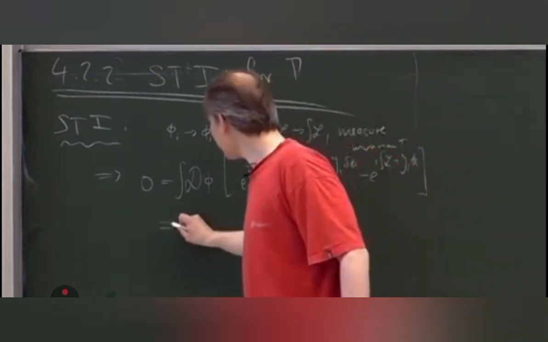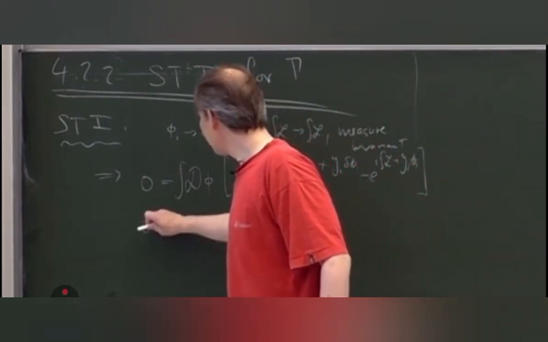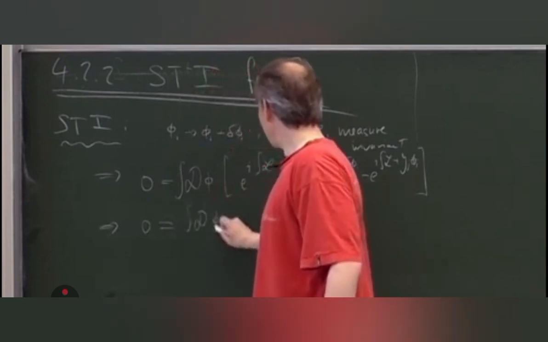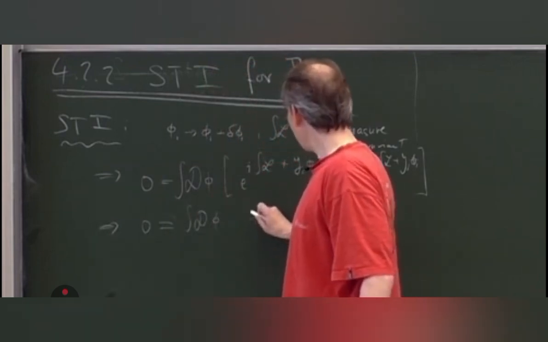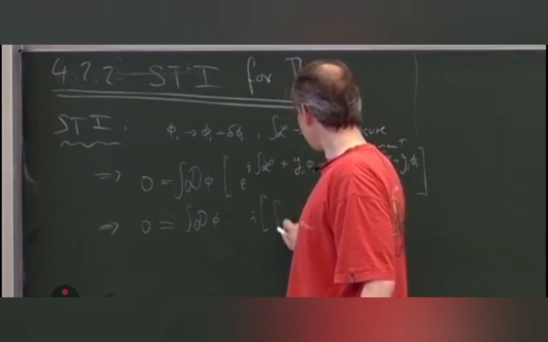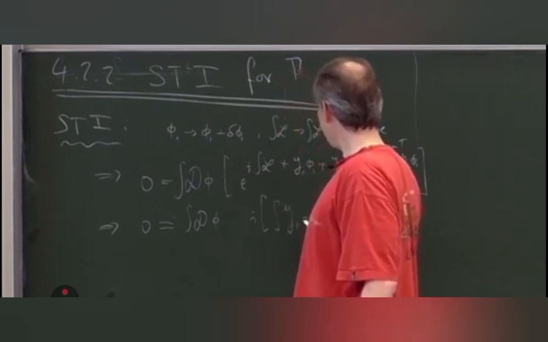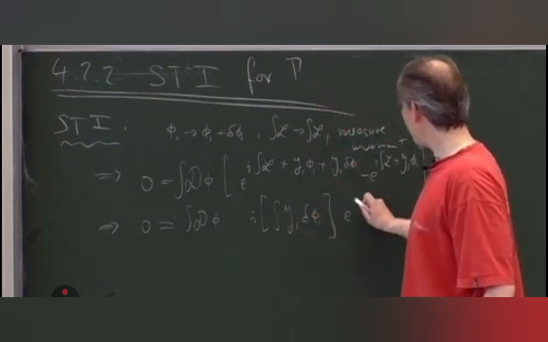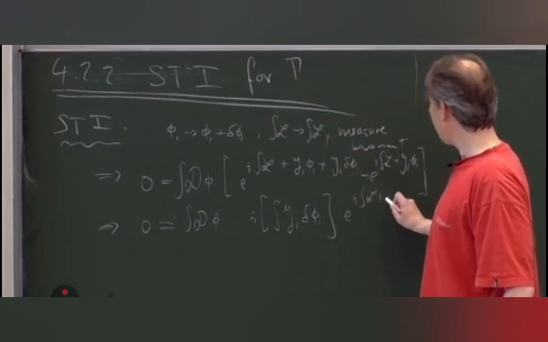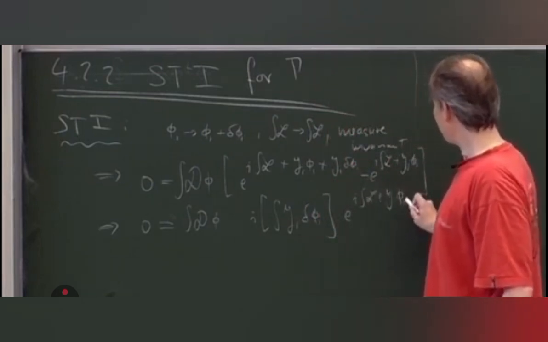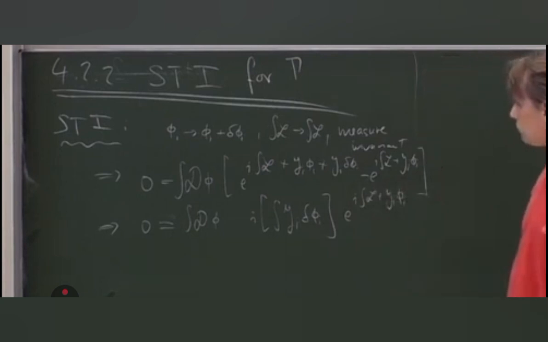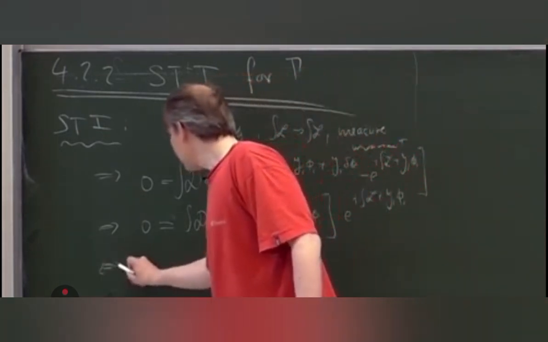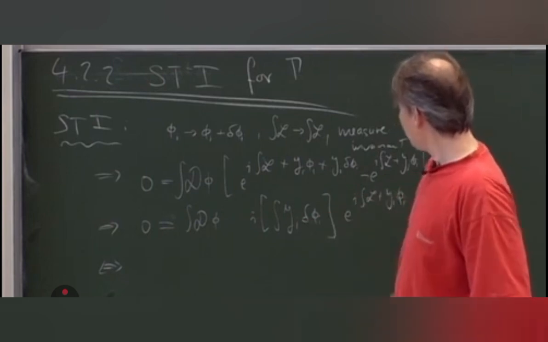Therefore, we get 0 is equal to the following path integral of i times the integral of the sources times the field variations times e to the i times the action plus the source terms. And that is of course nothing but a sum of expectation values.